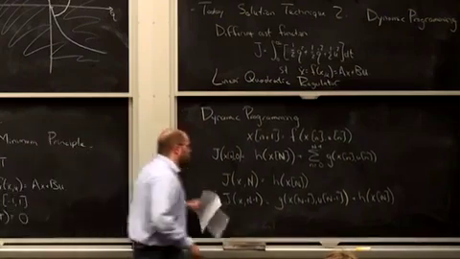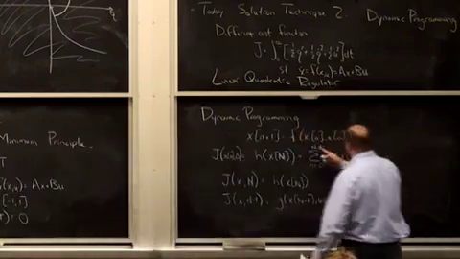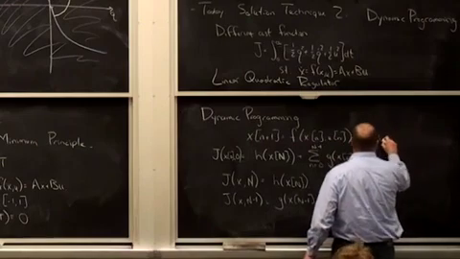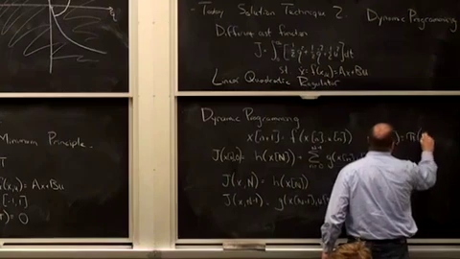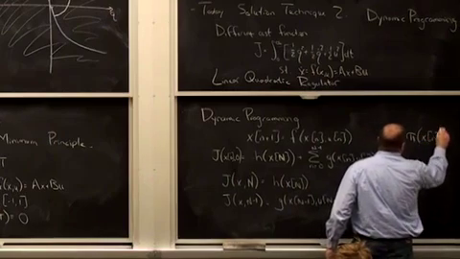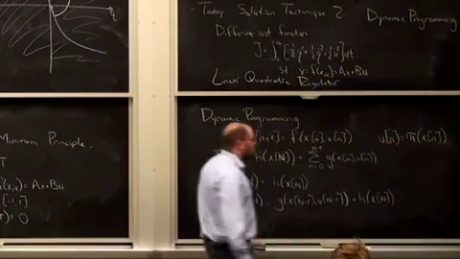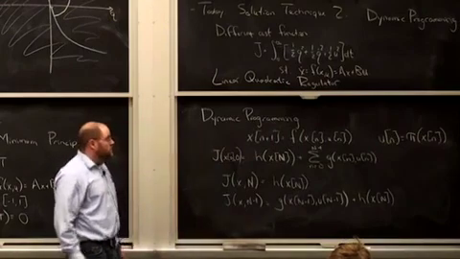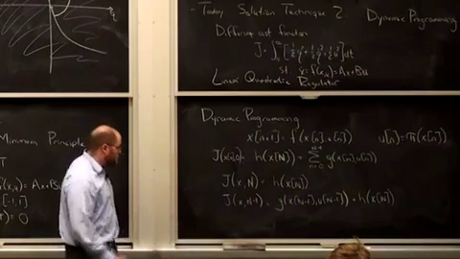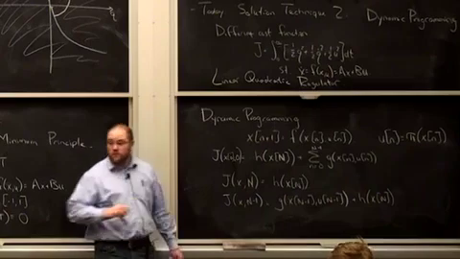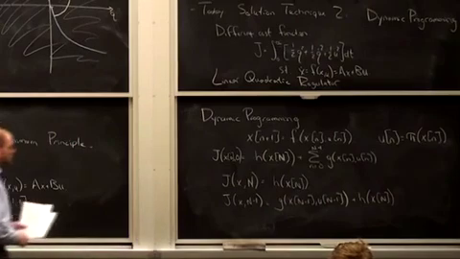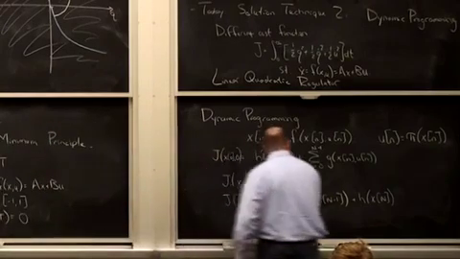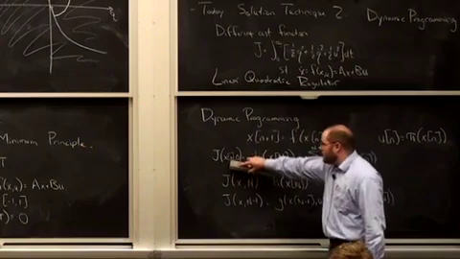Let me be even more careful, and let's evaluate the cost of running a particular policy. un is just some pi of j of xn. Sorry, why did the first x have 0 in it, but the rest of x is not? Okay, so why did I put x0 here?